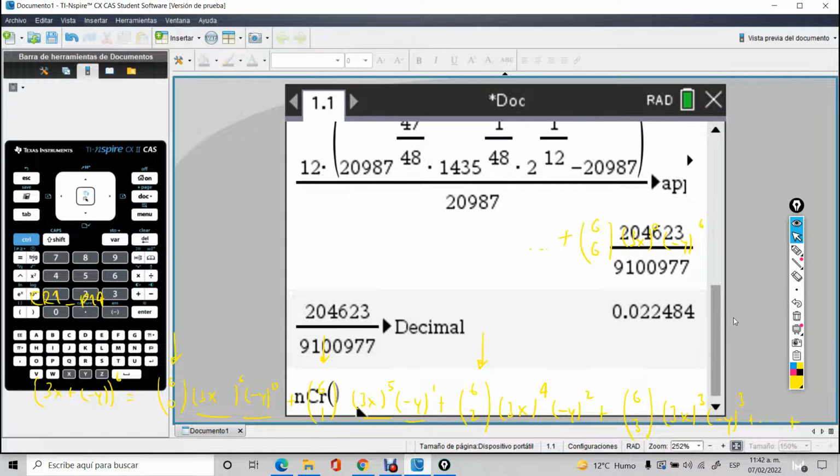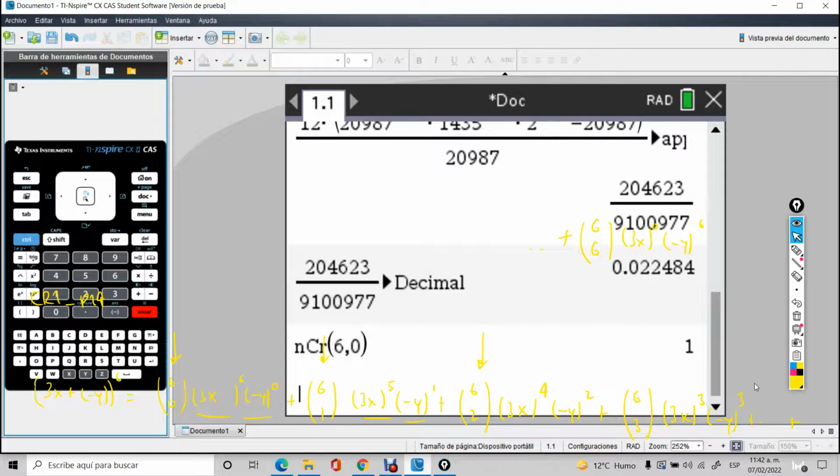So if you want to calculate, for example, this one right here, 6 choose 0, what you have to do is this. After the parentheses, you have to put 6. That's going to be your n. And then comma, and then 0, close parentheses, enter. And that's 1.